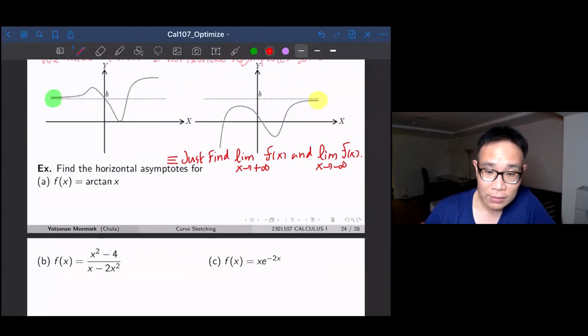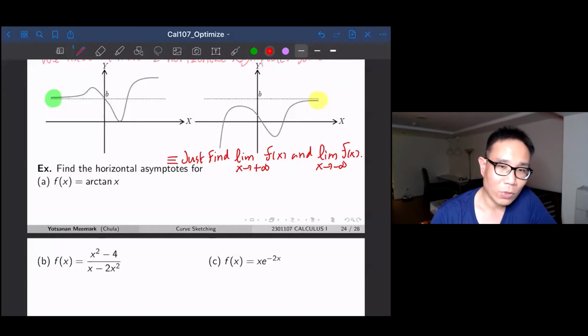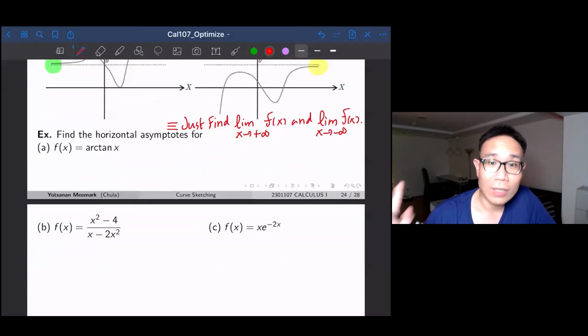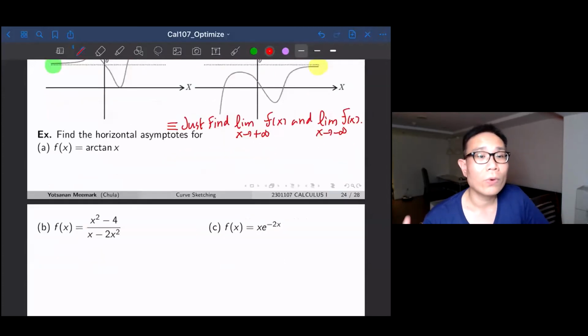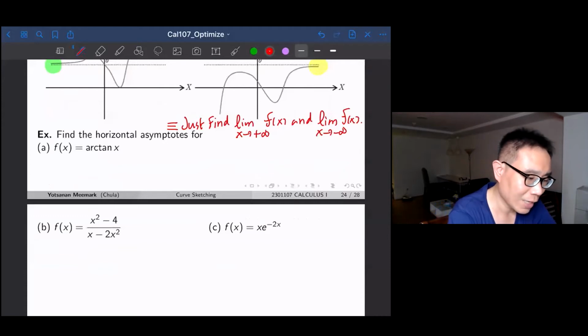If they exist, you're going to get two horizontal asymptotes. If just one exists, it's going to be just one horizontal asymptote. If both of them do not exist, there is no horizontal asymptote. That's all. The idea is very simple.